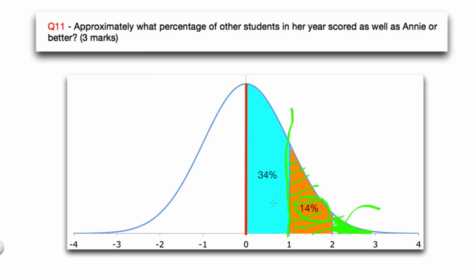Simple subtraction. It's a symmetrical distribution, so there's 50% to the right of the mean, and to the left, obviously. So this bit at the end must be 2%. 34 plus 14 equals 48. So therefore the answer to the question, what percentage of other students in her year scored as well as Annie or better, is 16%.